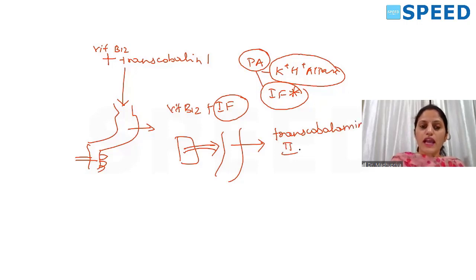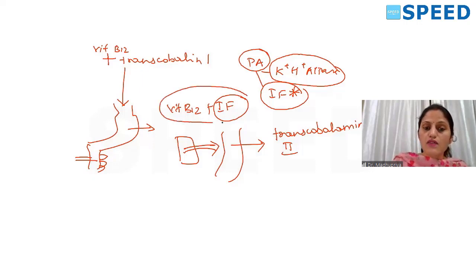See, I told you one congenital defect, isn't it? That congenital defect is a defect in the receptors for the vitamin B12 intrinsic factor complex, which is called cubam.